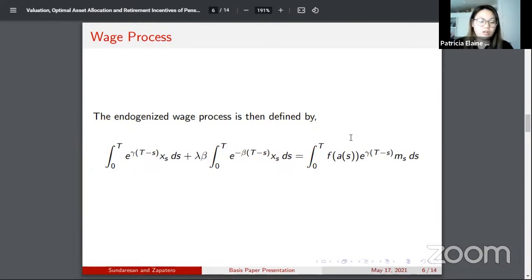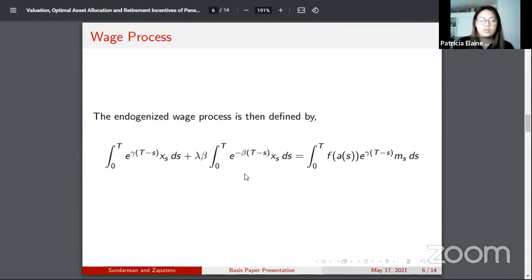So combining all components mentioned and taking into account the assumptions, the wage process would be defined by this. The first term describes the accumulated salary of the employee, where X of s is his or her current wage times the compounding factor.